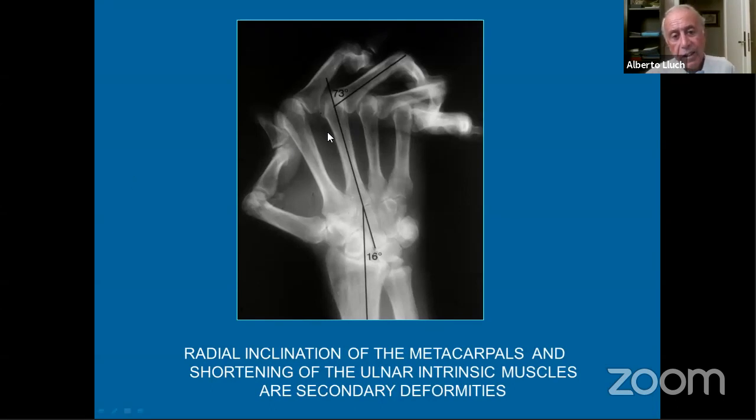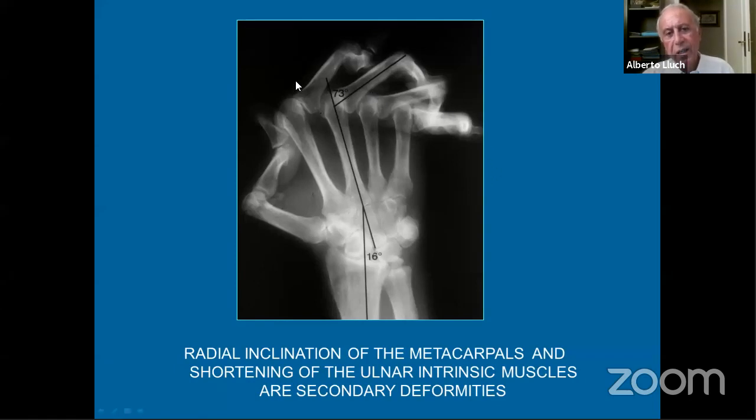The radial inclination of the metacarpals, frequently seen when there is an ulnar drift of the fingers, is not the cause of the ulnar drift. As Jules Shapiro said, and it has been repeated in all the texts over and over, the radial inclination of the metacarpals is a volitional deformity of the patient in order to align the fingers along the long axis of the forearm.